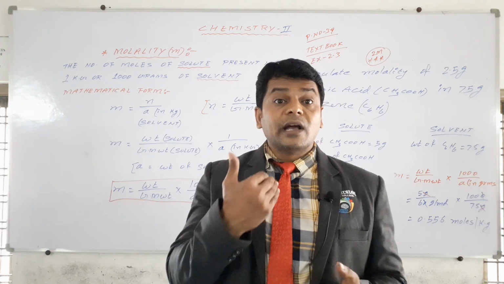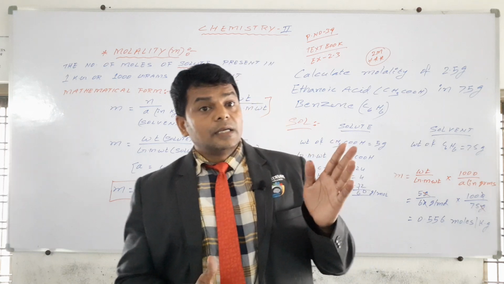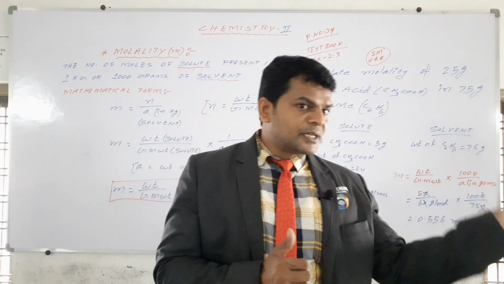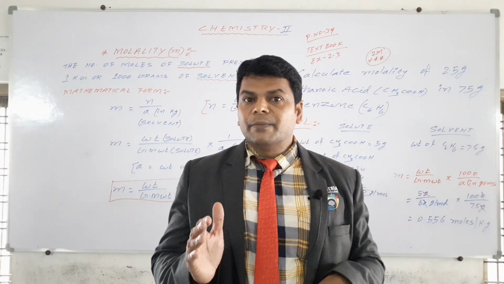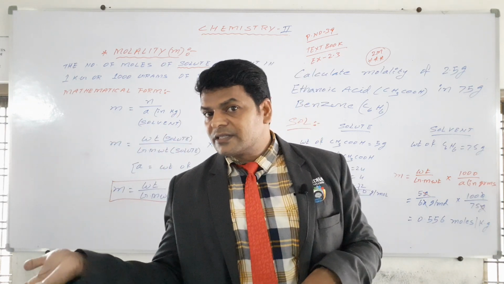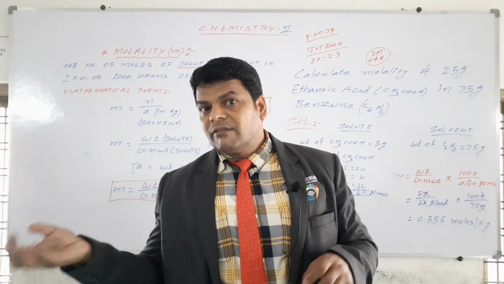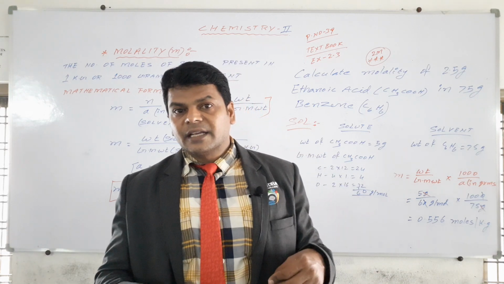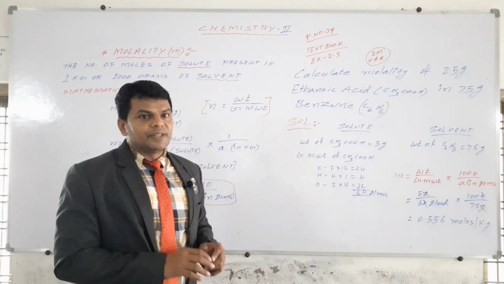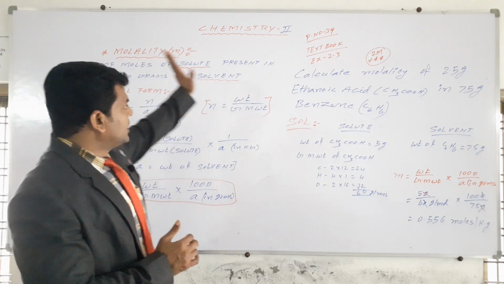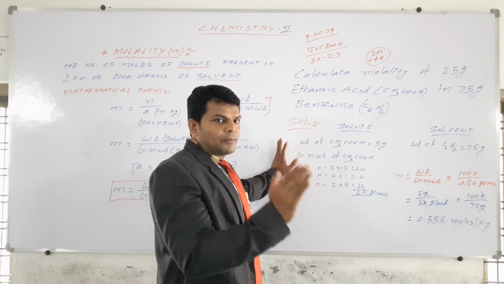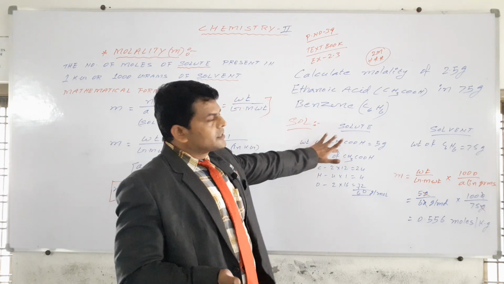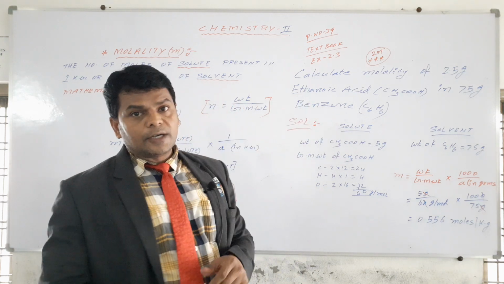In molarity we take volume. In molality we take weight of the solvent in kg. These two problems are also important. From this chapter we are going to get 4 plus 2 marks, so these problems are important for 2 marks.